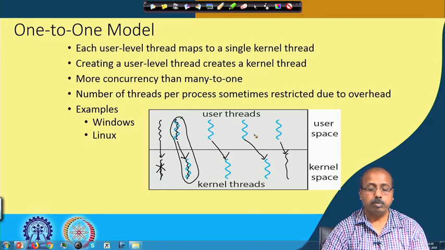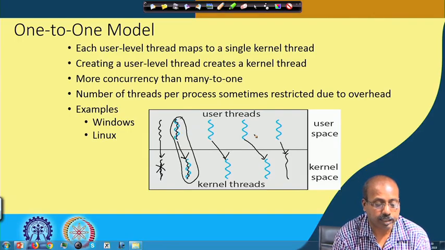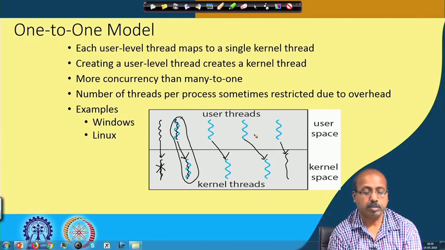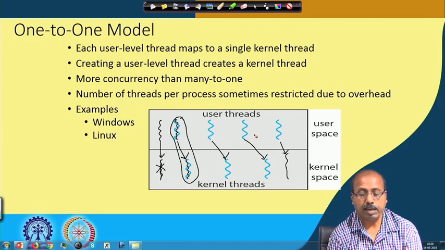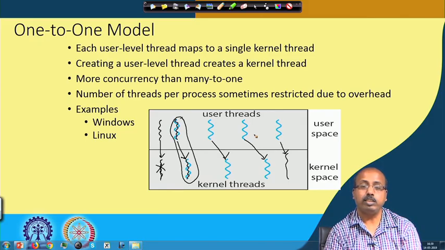It is not a very wise decision to create so many kernel level threads and block system resources because of that. So you have more concurrency, but the number of threads per process has to be restricted, because one process may go on creating user level threads, and for each of them it will create a kernel level thread also.